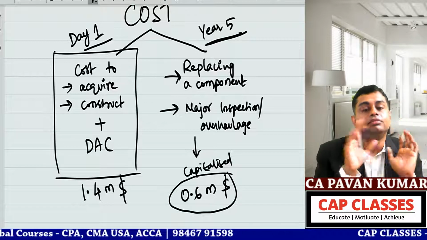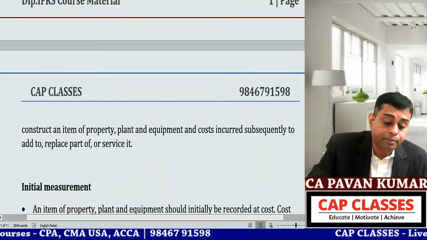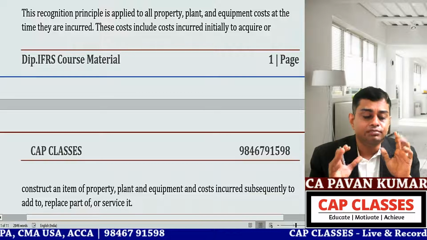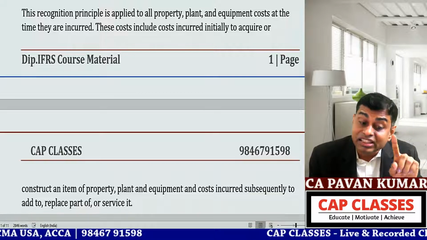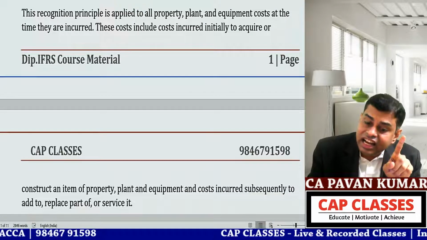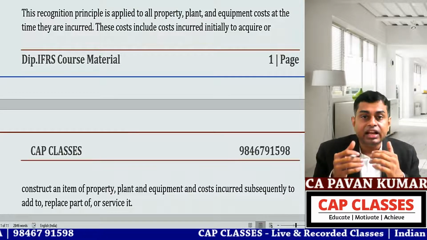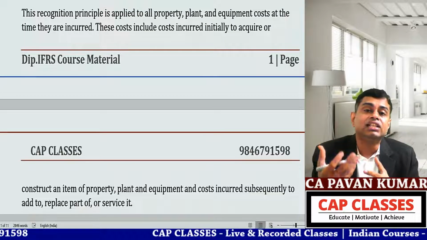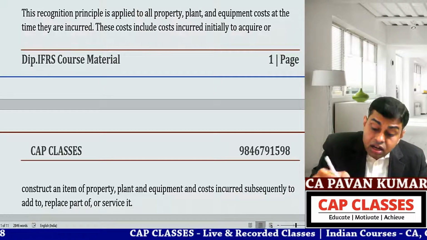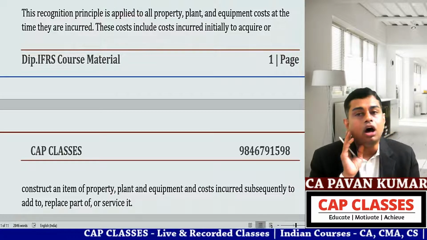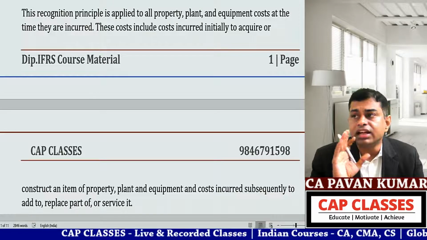That is what they said. Now you read this, you will understand clearly. So this recognition principle is applied to all the PPE cost at the time they are incurred, that means day 1. These costs include cost incurred initially on day 1 to acquire in case of a purchased asset, to construct in case of an internally constructed item, and cost incurred subsequently to add, to replace or service it based on certain conditions.